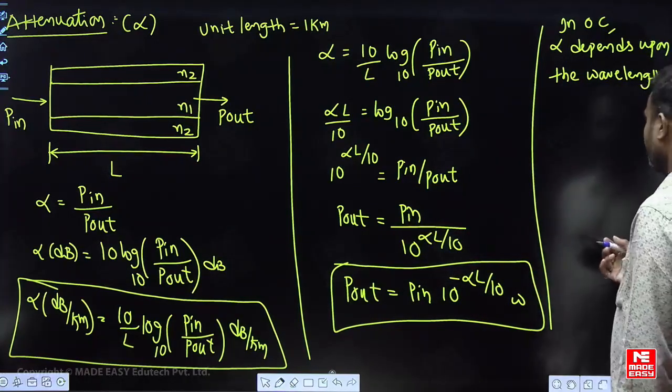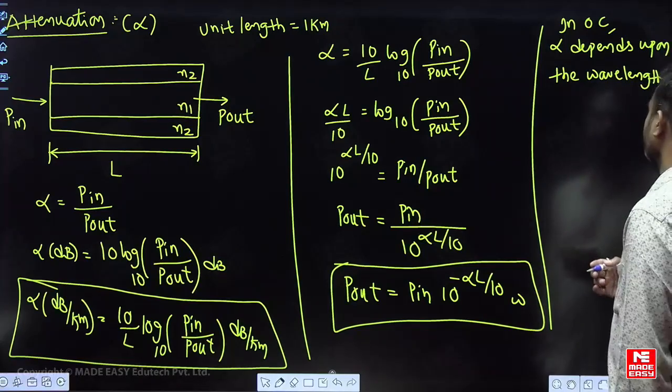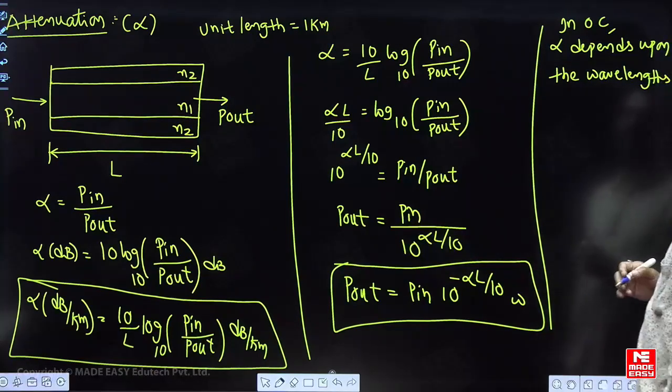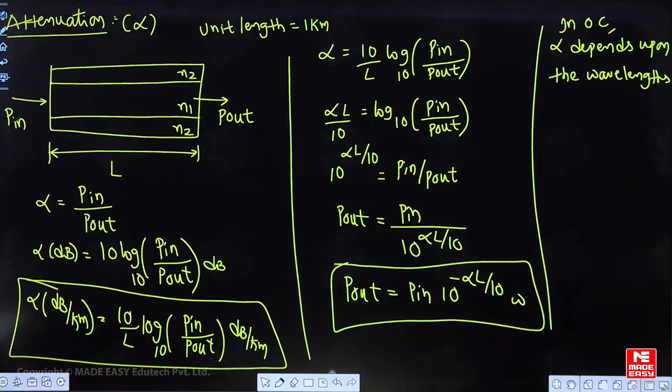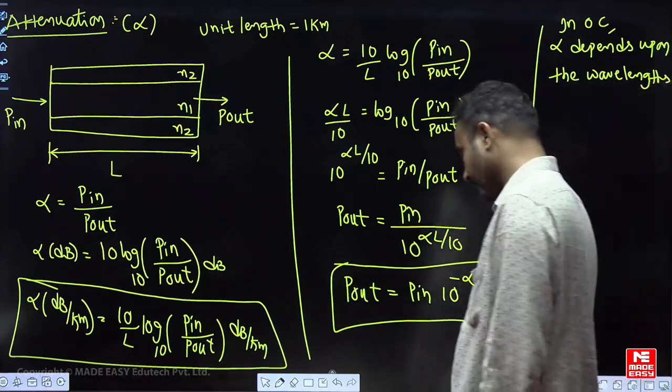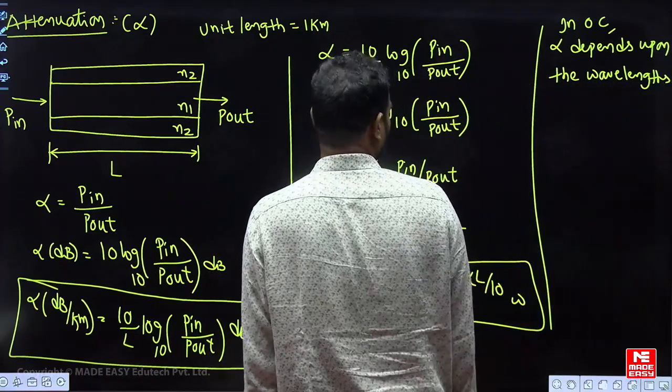The more important thing to understand is that in the entire optical communication system, alpha depends upon the wavelength, so different attenuations are offered at different wavelengths.